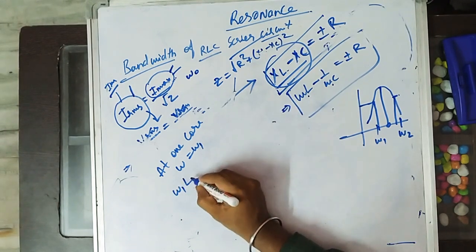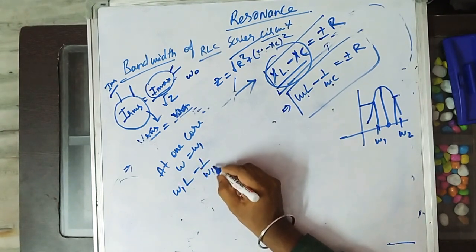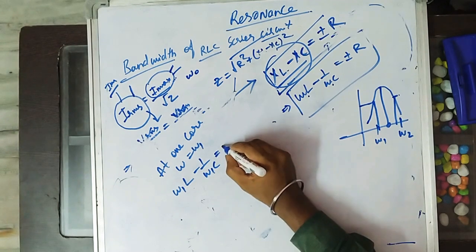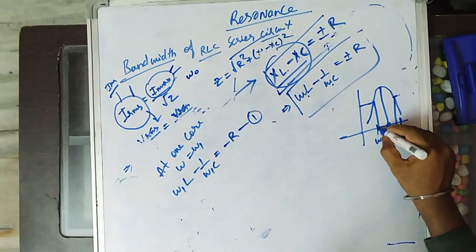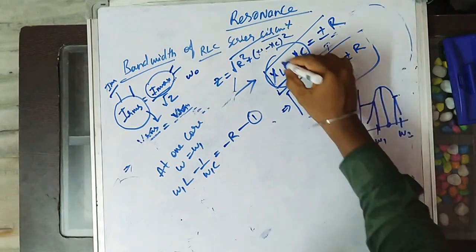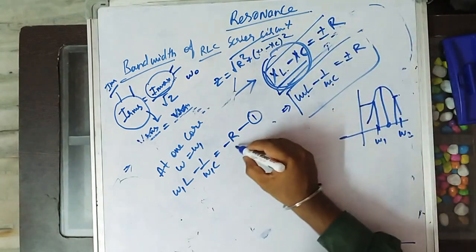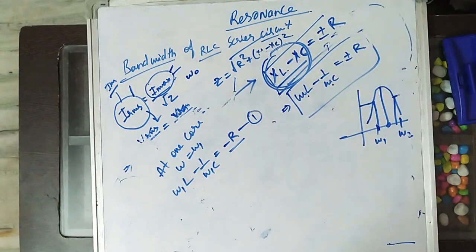Omega 1 L minus 1 by omega 1 C equal to, let us say, minus R. This is equation 1. That means at this corner frequency, the net reactance is becoming minus R.